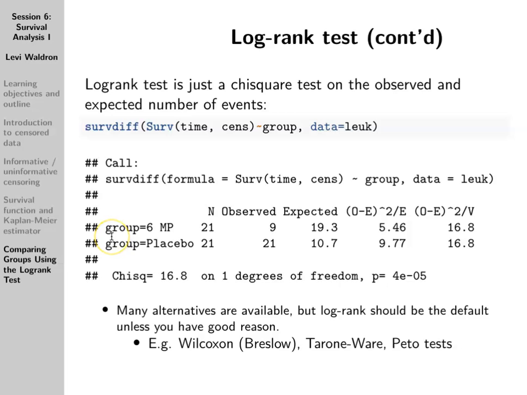So that's good because it was quite obvious just from looking even at the raw data and also at the Kaplan-Meier plots that these were different. But this provides a p-value against the null hypothesis that those differences might have occurred only by chance, even with identical survival functions.